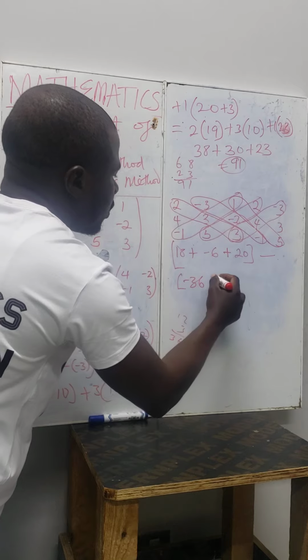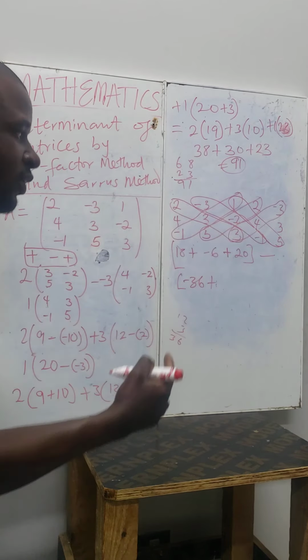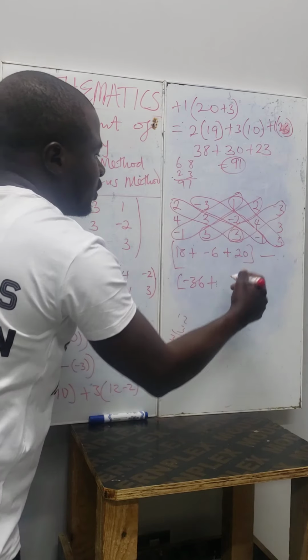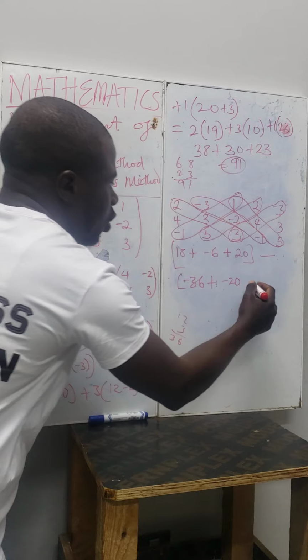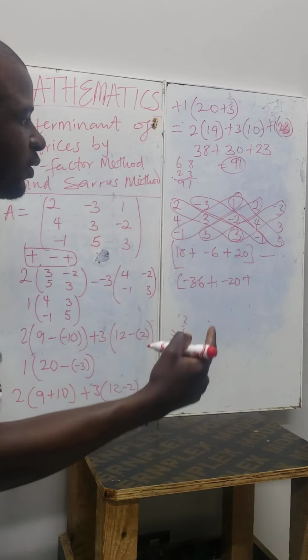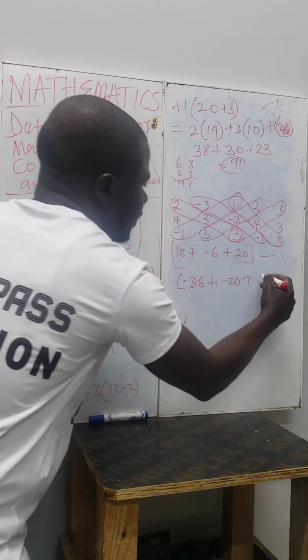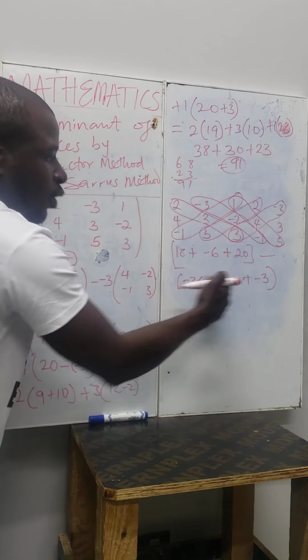Minus 36 plus 5 times minus 2 is minus 10. Minus 10 times 2 is minus 20. Plus minus 1 times 3 is minus 3. Minus 3 times 1 is still minus 3. These are the elements along the minor diagonal.